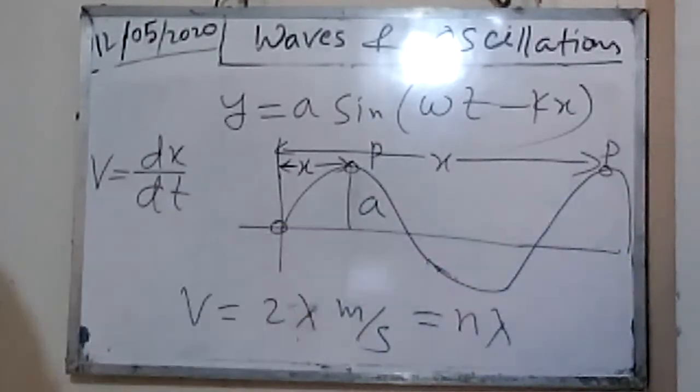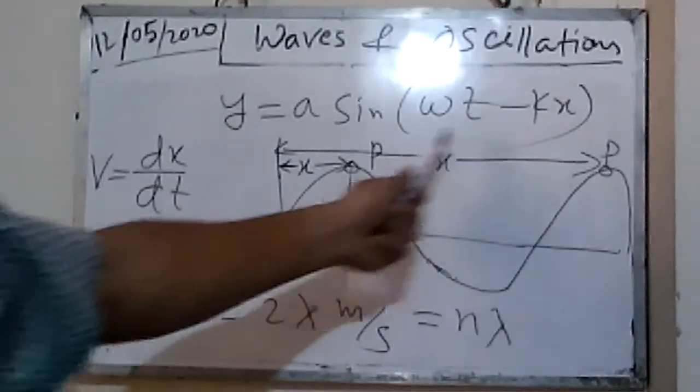Suppose the crest is a phase. Phase means this is a position, a definite position. Phase means condition. Crest means one of the conditions, one of the positions.